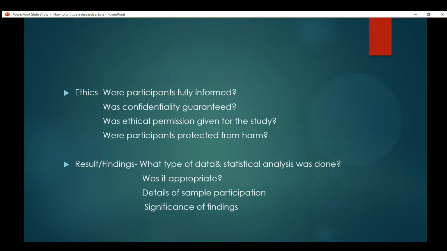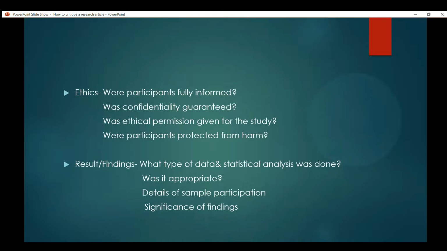Then next, you have the results, or the findings. Now for this part, because I'm basing this on a quantitative kind of critique, what type of data and statistical analysis was done? Did they use the right one?